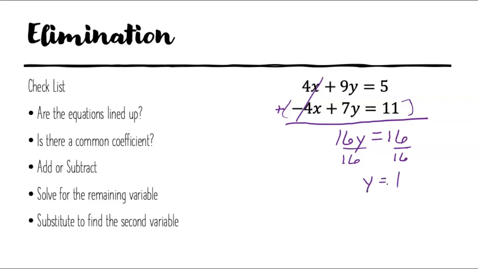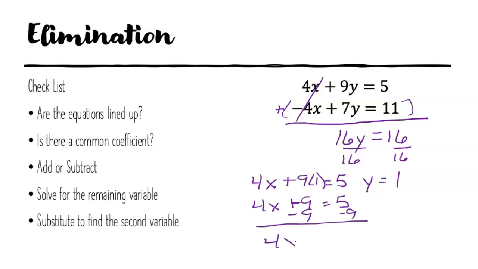Now that I know y, remember, we can go find x using either equation. It doesn't matter which one we use. I'm just going to use the top one. So I have 4x plus 9, now that y is 1, so times 1, equals 5. So 4x plus 9 equals 5. Two-step equation now. I'm going to subtract the 9 from both sides.